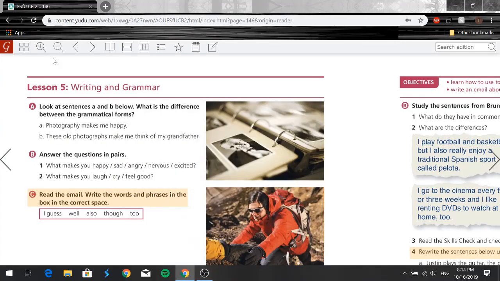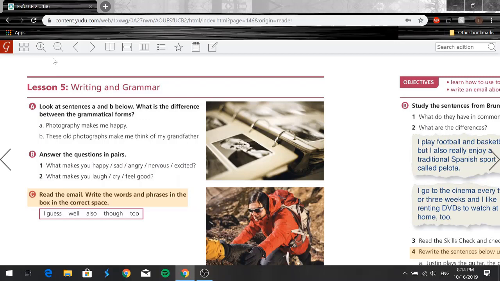Alright, you guys, so now let's move on to Lesson 5, Writing and Grammar. Here we have Exercise A. Look at sentences A and B below. What is the difference between the grammatical forms? So we have A, photography makes me happy, and B, these old photographs make me think of my grandfather. Well, what is the difference? We'll say the similarities between the two first. So obviously we have make in both sentences.